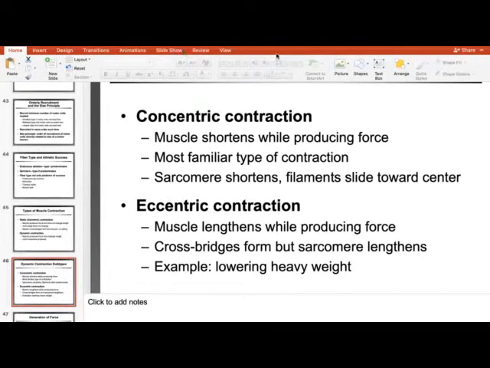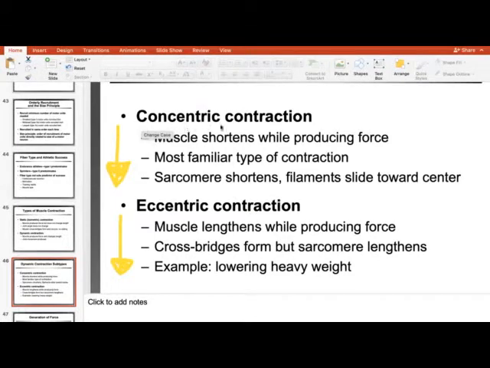And right now we have gravity. Gravity is always pulling you downwards. Gravity is pulling in this direction, and for an eccentric muscle contraction, likewise, gravity is pulling in this direction. So these two contractions are very different.